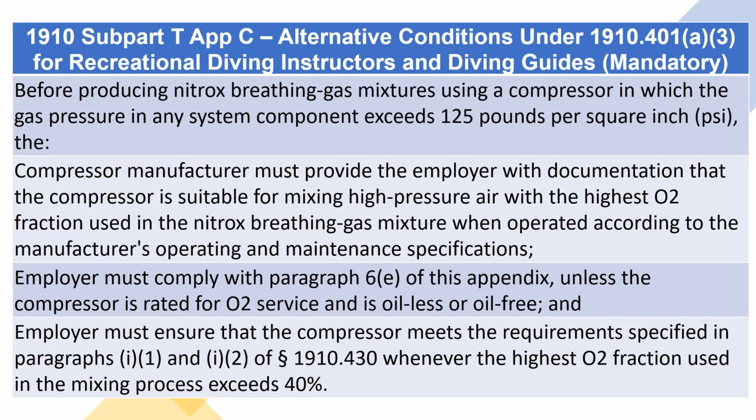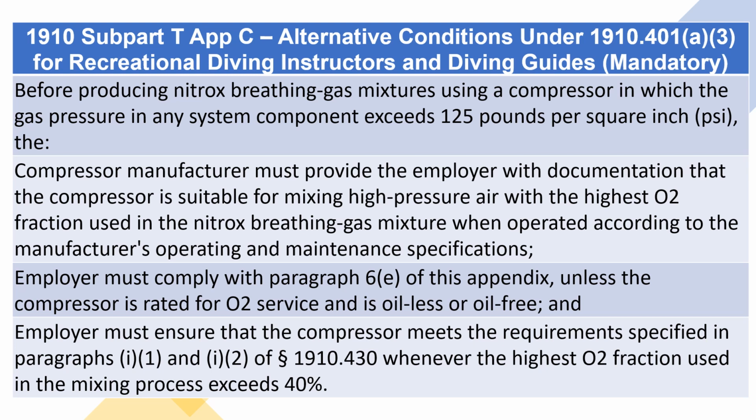Before producing nitrox breathing gas mixtures using a compressor in which the gas pressure in any system component exceeds 125 pounds per square inch, psi, the compressor manufacturer must provide the employer with documentation that the compressor is suitable for mixing high-pressure air with the highest O2 fraction used in the nitrox breathing gas mixture when operated according to the manufacturer's operating and maintenance specifications.